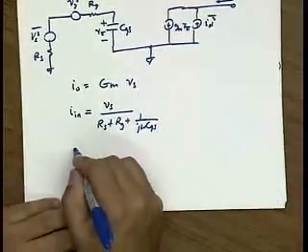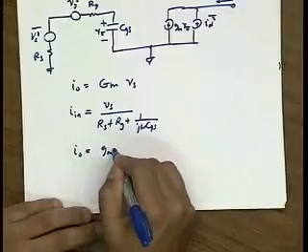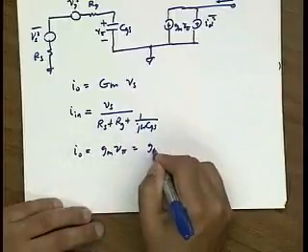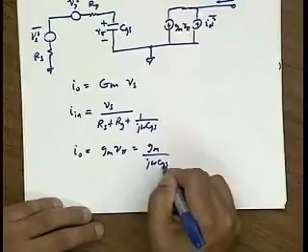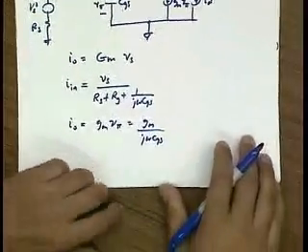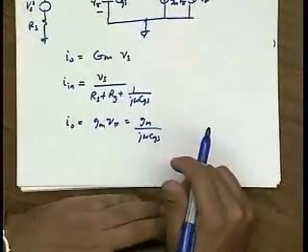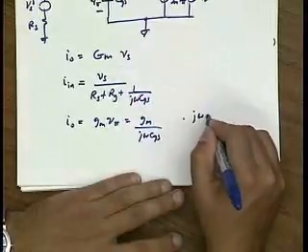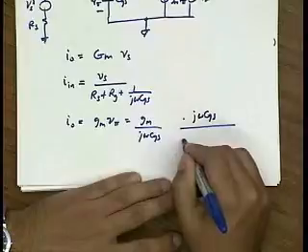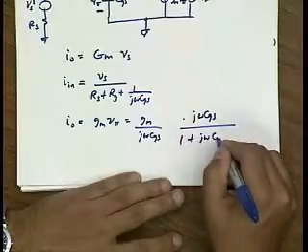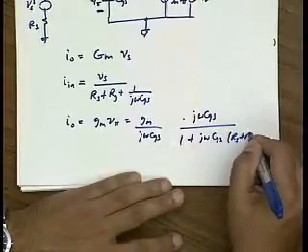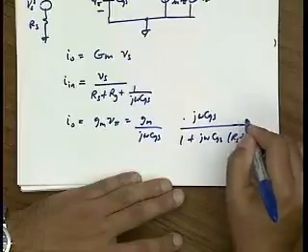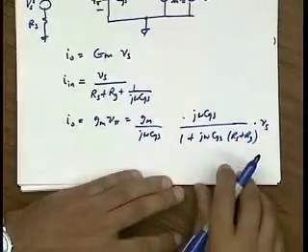And basically the output current is GM V pi, which is GM over j omega CGS, which is omega t over omega times minus j, times this V pi that we just calculated, which is 1 over j omega CGS times 1 plus j omega CGS (Rs plus Rg), times Vs. Okay?